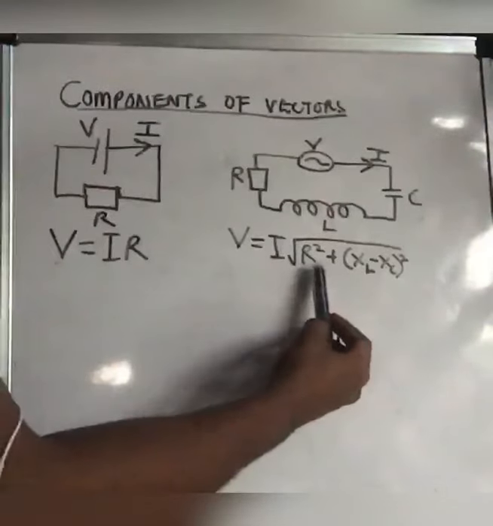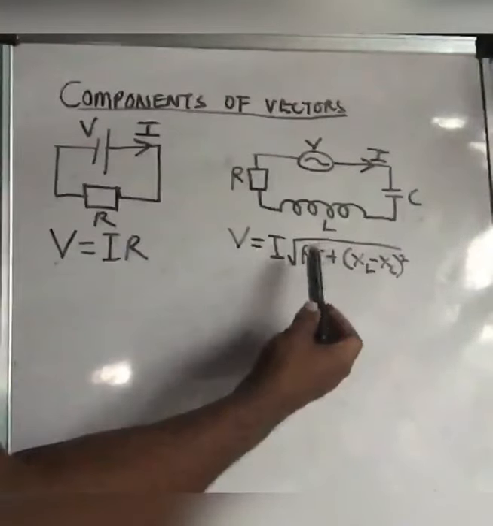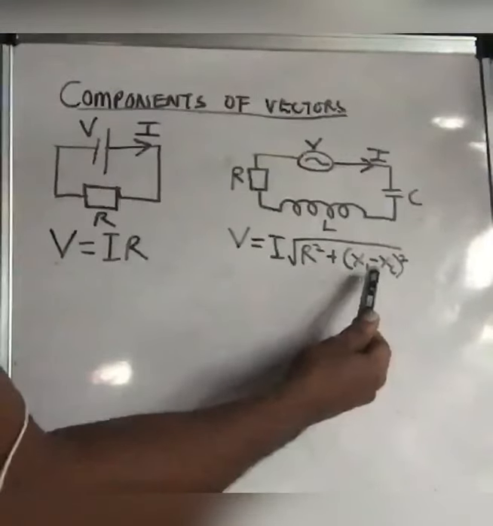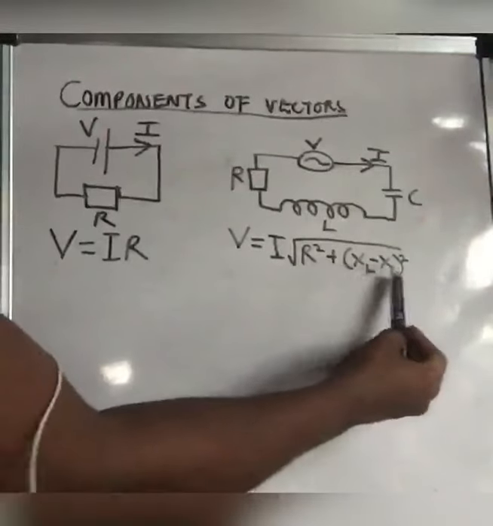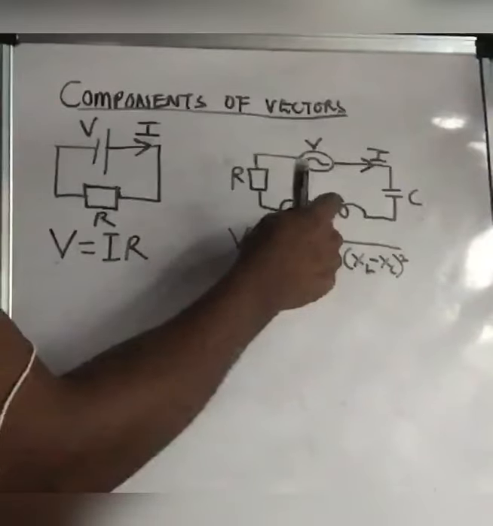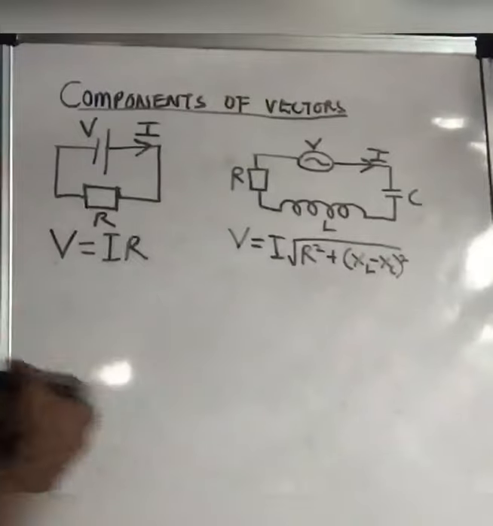So the components of this effective resistance are your resistance itself, your inductive reactance, and your capacitive reactance. These reactances are each the resistance that results from the inductor and the capacitor respectively. So that's the term for it.